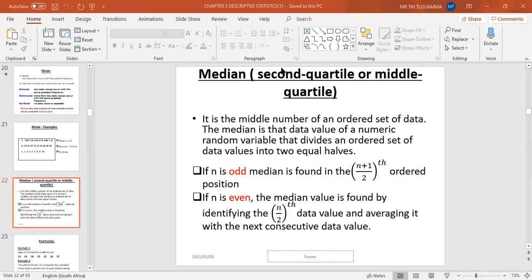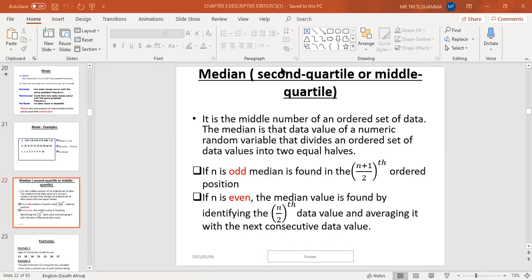The position is just an indication of where we can identify a certain element. So in order to identify that element, we should firstly find the position. Hence, we cannot just decide on our own that this is our median without checking the position. So the positioning is very much important, right?